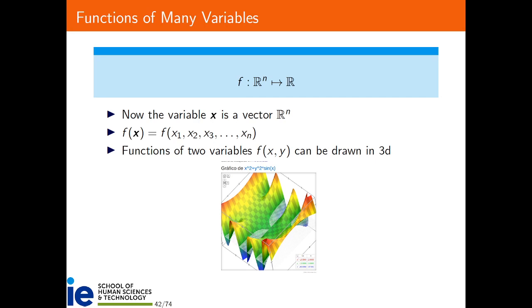So for this type of functions, where I have many variables, x is now a vector that takes values in R to the n, meaning R times R times R. So I have, for example, x1, x2, x3, up to xn, and each of these takes values in R. We usually denote vectors with a bold x, which stands for x1, x2, x3 up to xn.